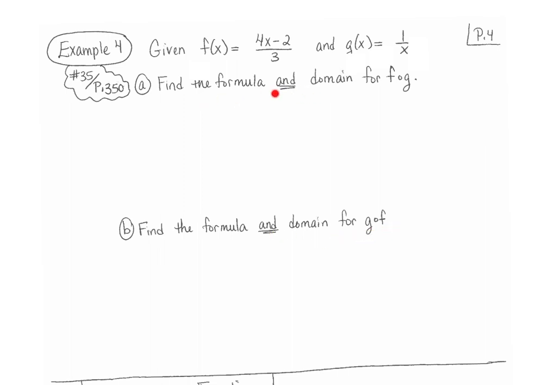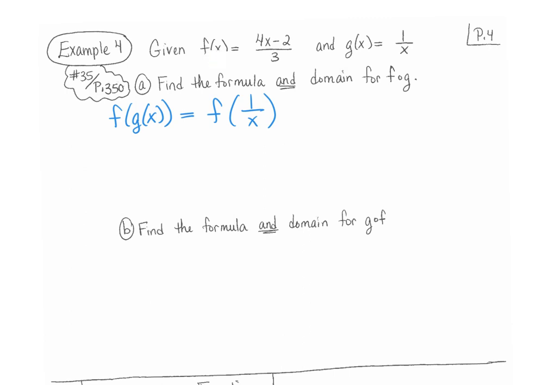So let's go ahead and find the formula for f composed with g. So remember, f composed with g of x looks like so. What do we do first? Find g of x. What's g of x? Very good. So we have to find f of 1 over x. Now with the 1 over x, we take this 1 over x and put it into f of x for that x.